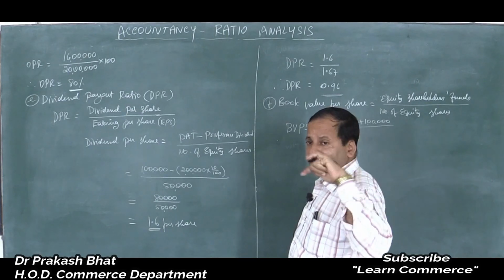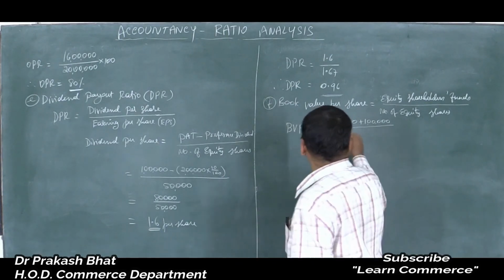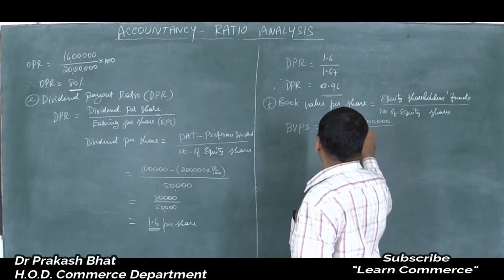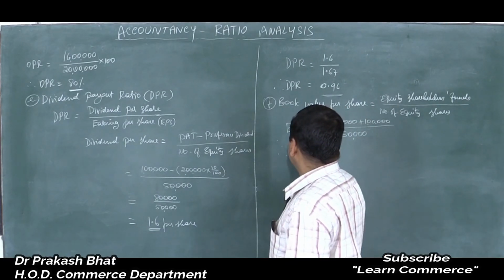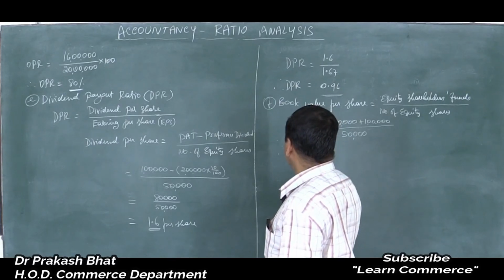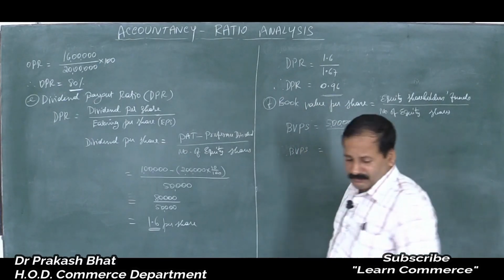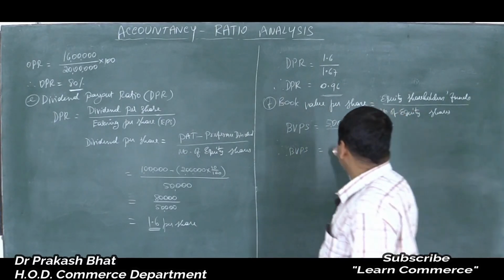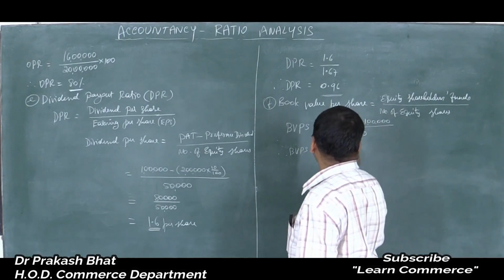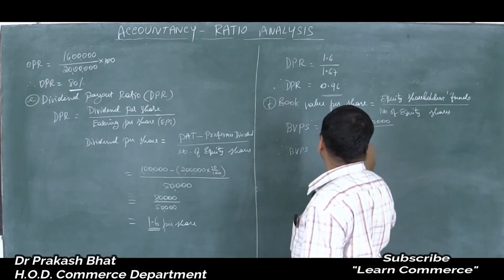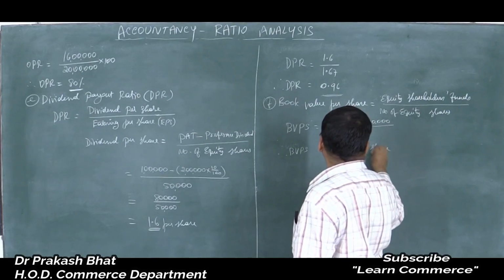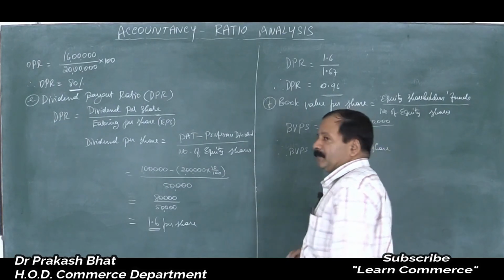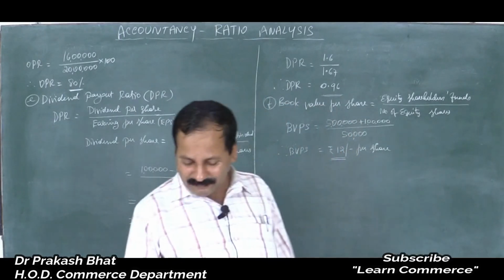So 5 lakh divided by 10 face value is equal to number of equity shares, that is 50,000. Therefore BVPS, book value per share, is equal to how much? Rupees 12 per share. This is how you have to solve a problem of 12 marks, right?